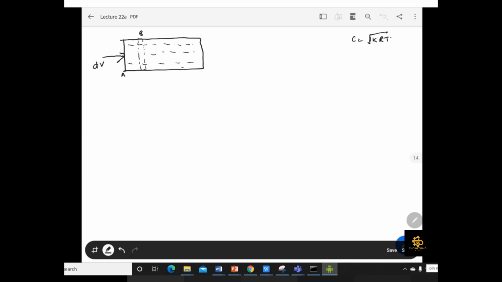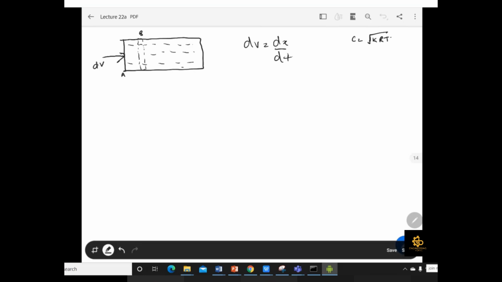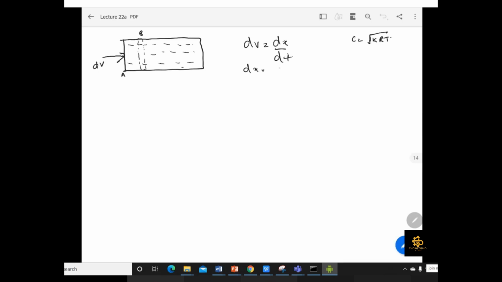When I supply some velocity, it definitely moves some distance. The velocity we are supplying is dV is equal to dx over dt, and if it moves a small distance, it means dx becomes dV dt. So this distance is dV dt.